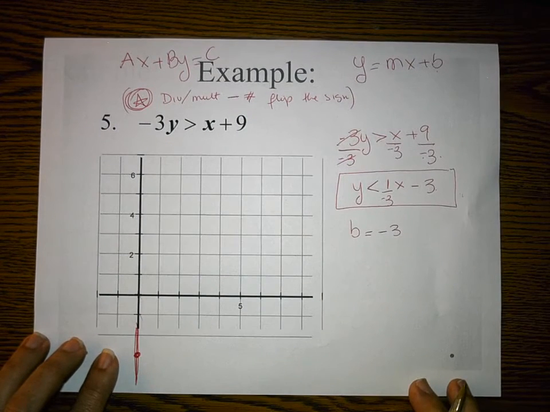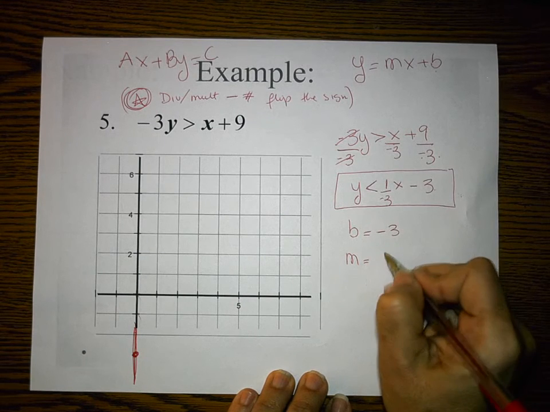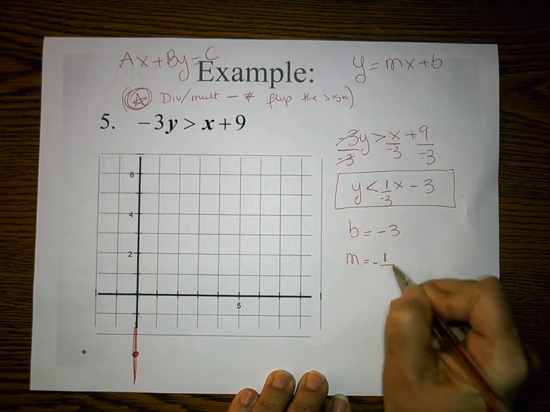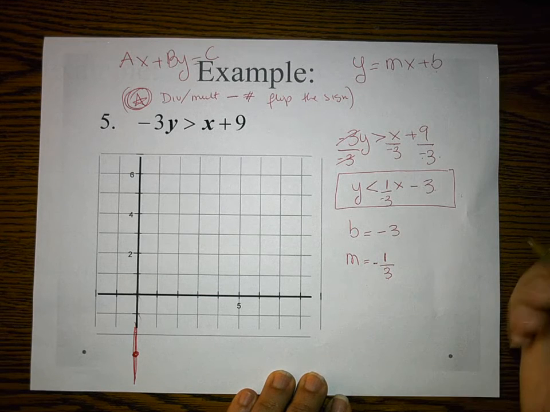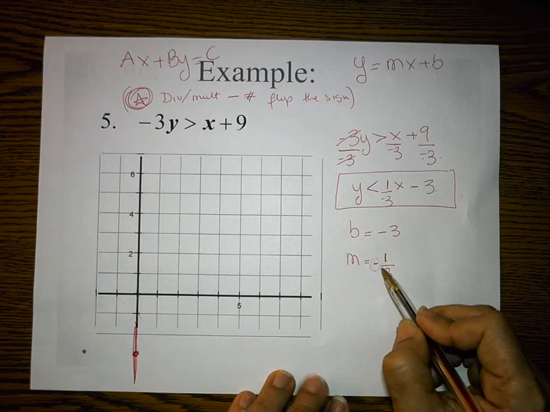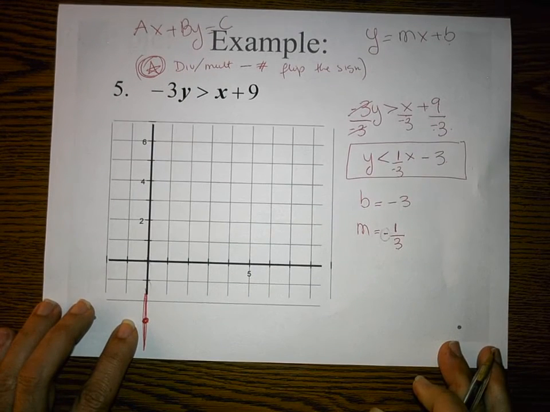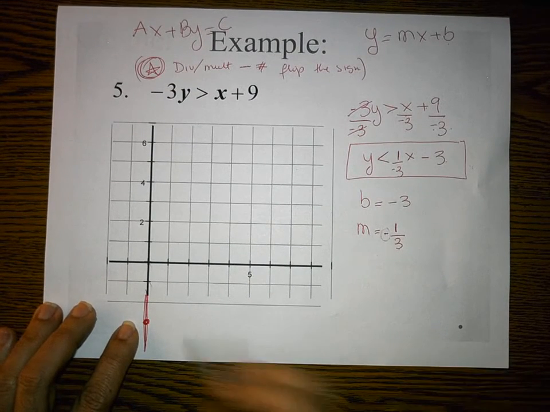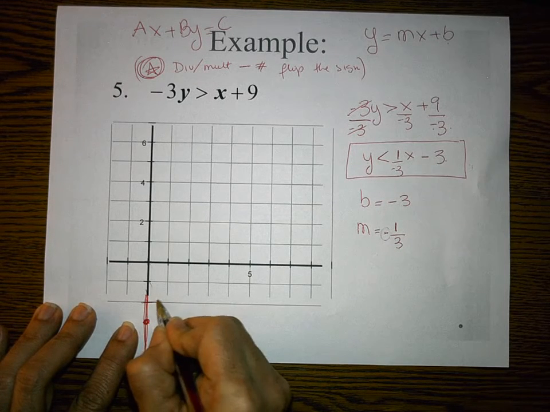And then I'm going to find my slope, which is 1 over negative 3. So that means I'm going to drop 1 and run 3. It is not a positive slope. I'm not going up. I'm going down because it's a negative, okay? So from here at negative 3, I'm sorry that I didn't realize that the grid doesn't work for that. At here at negative 3, okay, that's negative 2, and that's negative 3.